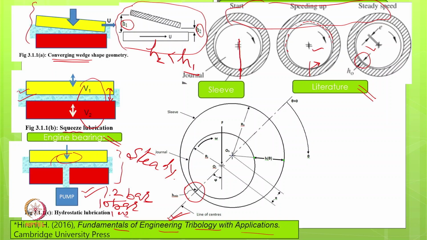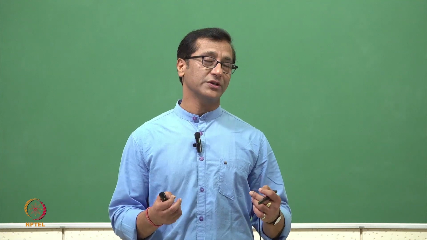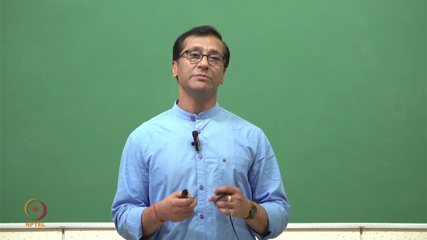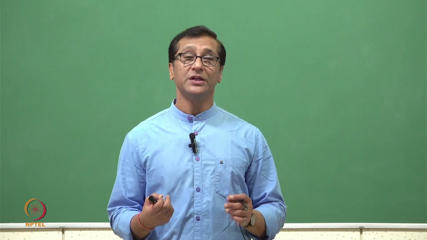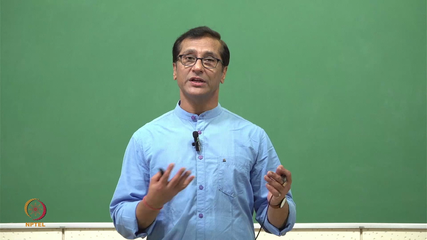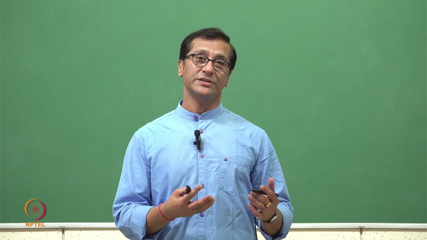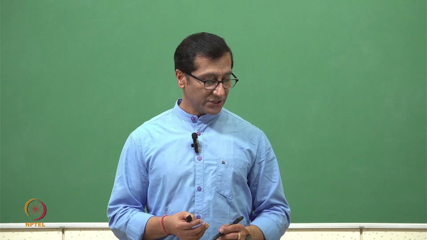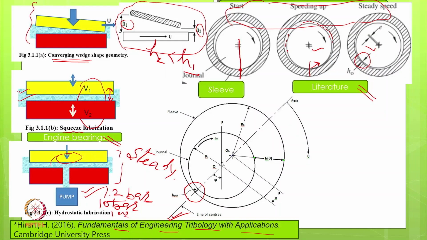That means it is continuously changing, and at each crank angle the applied load will be different. Even the shaft speed may fluctuate to some extent, and sometimes even the sleeve also rotates. So then we need to think about dynamically loaded bearings, and here we are talking about steady loaded bearings only.